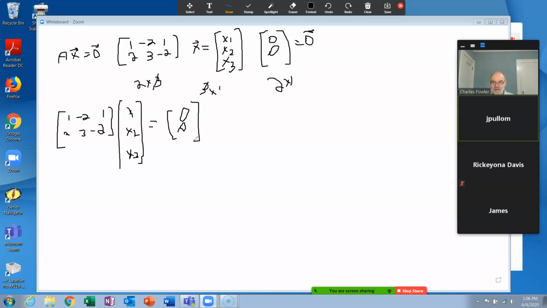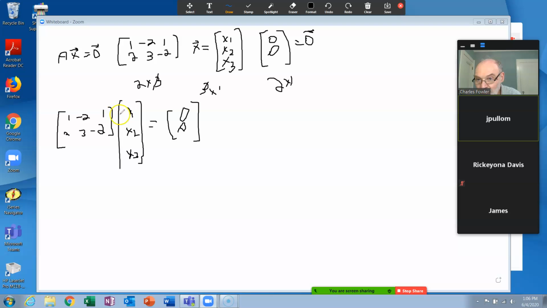Now, as we've already said, this is a 2 by 3, that's a 3 by 1, and that becomes a 2 by 1. So that works. So let's do the multiplication. This entry here is the 1, 1 entry, first row, first column.